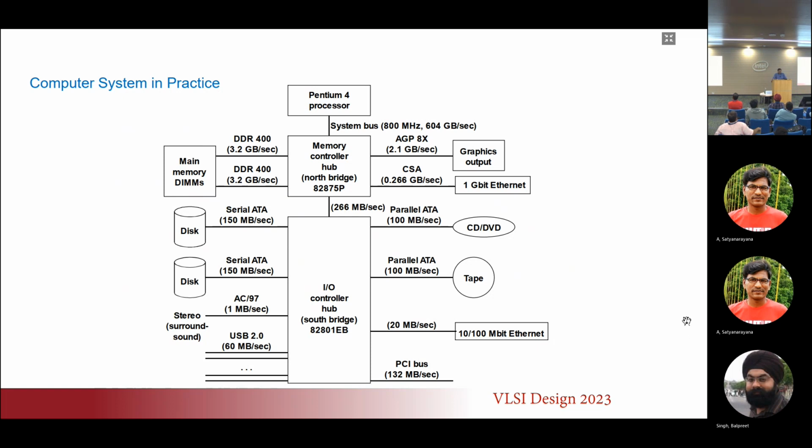And then it went into a memory controller. And out of the memory controller, you see that it connects to the main memory, and then it connects to graphics output and gigabit Ethernet, and then you have the south bridge. So the memory controller is the north bridge. The south bridge was connecting to all these pieces of data.